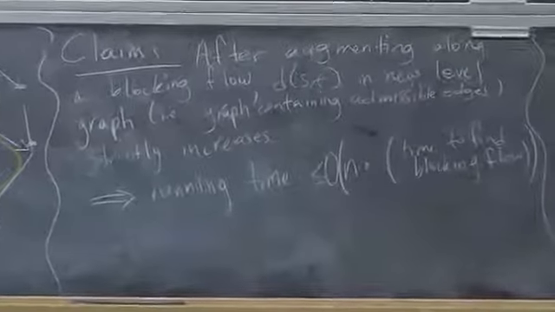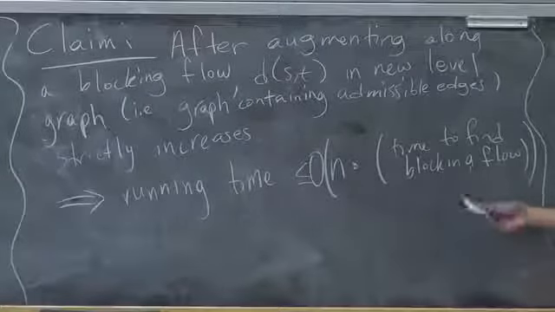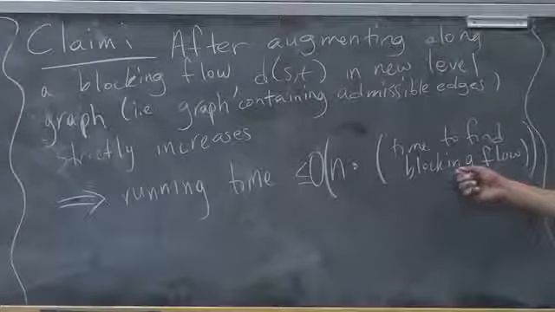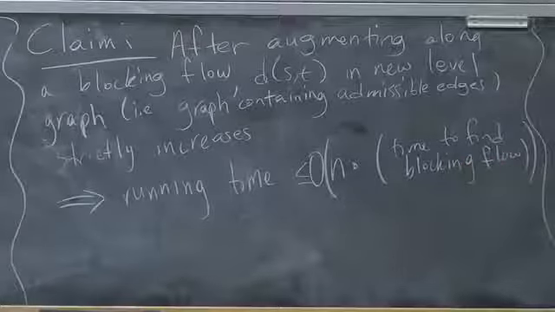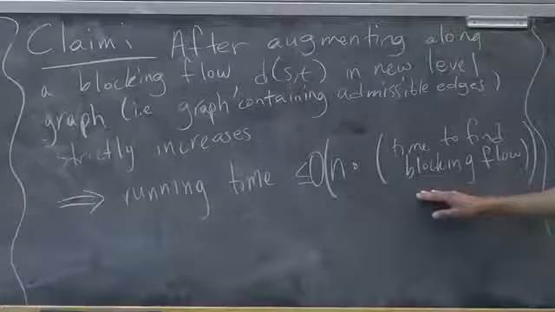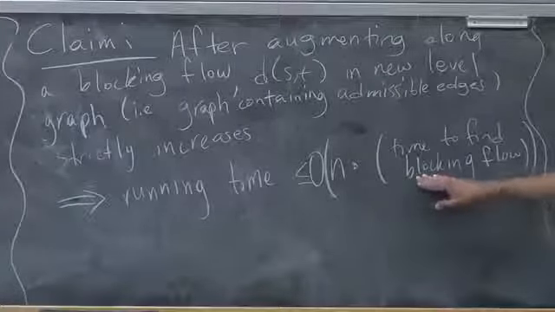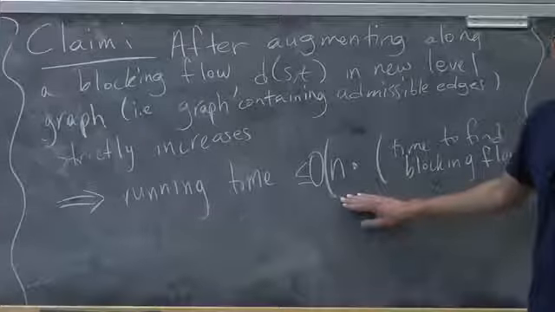Okay. And we're going to show that you can do this in unit capacity graphs in linear time, basically time m, by a modified depth first search. We're also going to show that you can do it pretty simply in general capacitated graphs in time mn, in which case you get a time of mn squared.